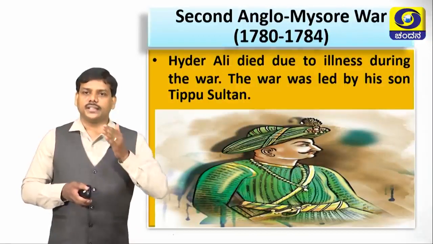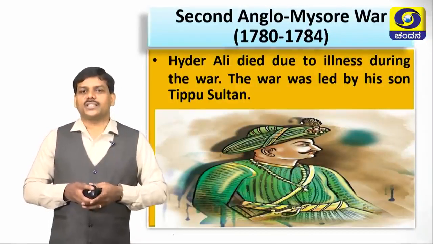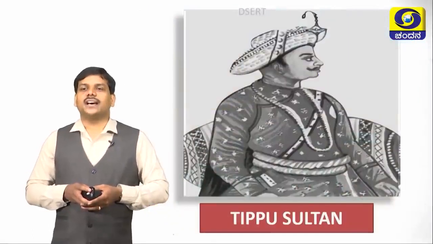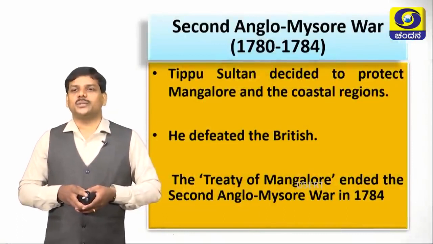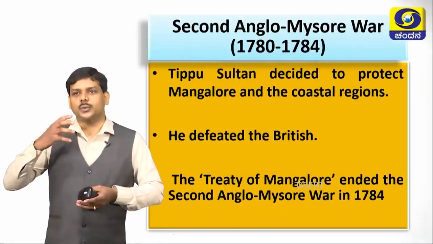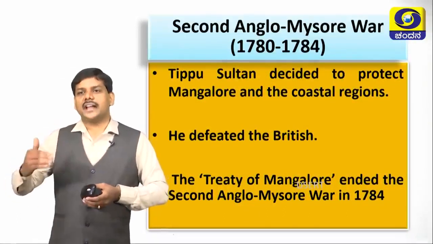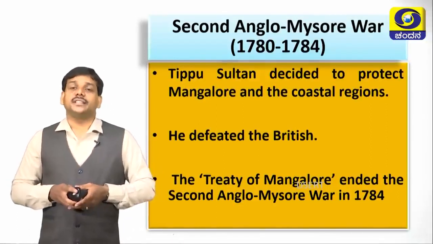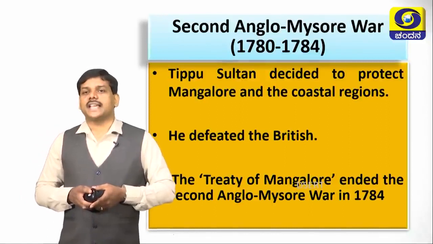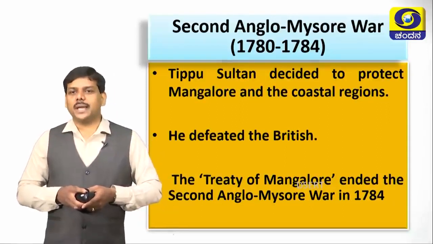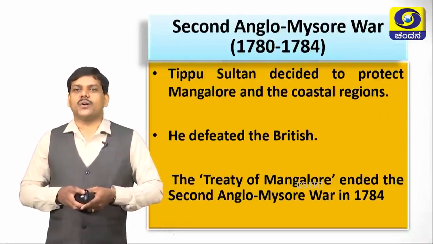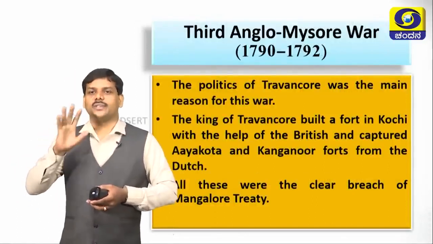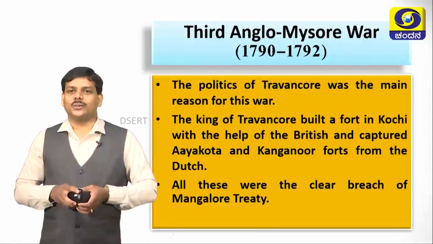The second Anglo-Mysore war was continued by his son Tipu Sultan. Tipu Sultan also decided to protect Mangalore and the coastal regions. He defeated the British, but in the year 1784, the second Anglo-Mysore war came to an end by the Treaty of Mangalore. Here you have to remember all these points with regard to the second Anglo-Mysore war.